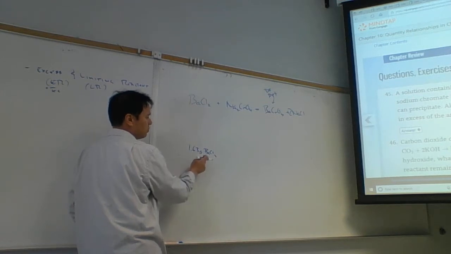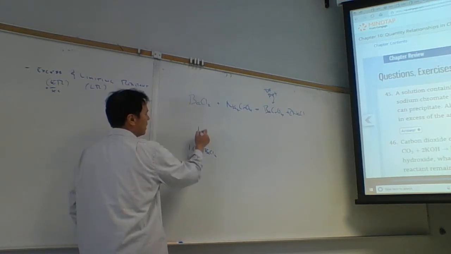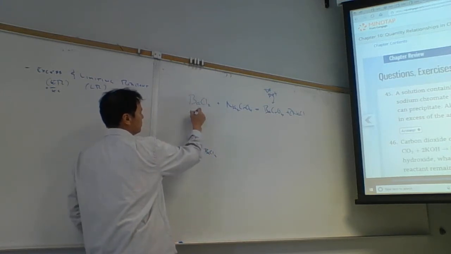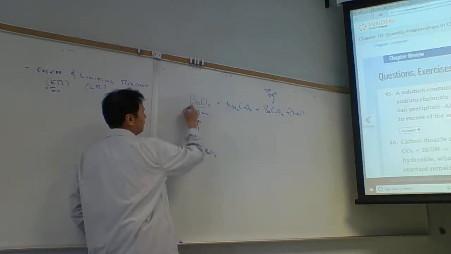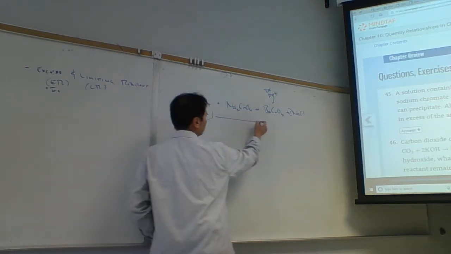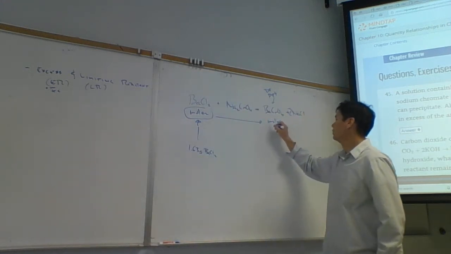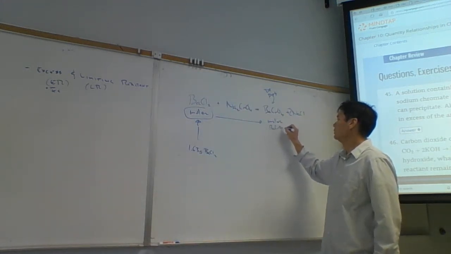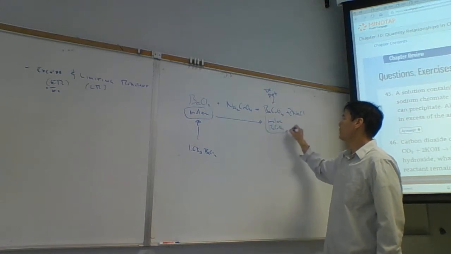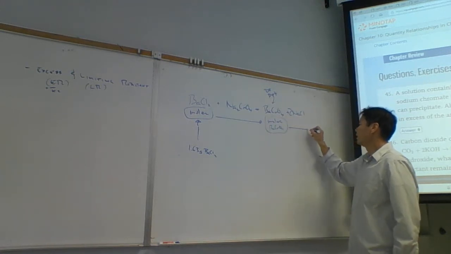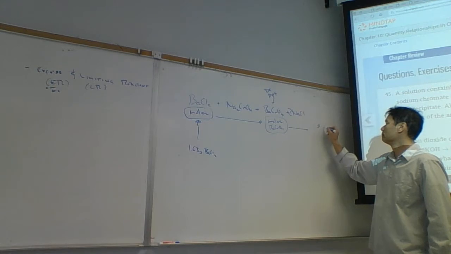And so we start off with 1.63 grams of barium chloride, and then we'll go to moles of barium chloride. From moles of barium chloride, we'll go to moles of barium chromate. And then from moles of barium chromate, we're going to go to grams of barium chromate.